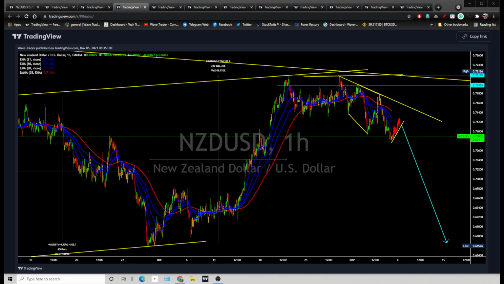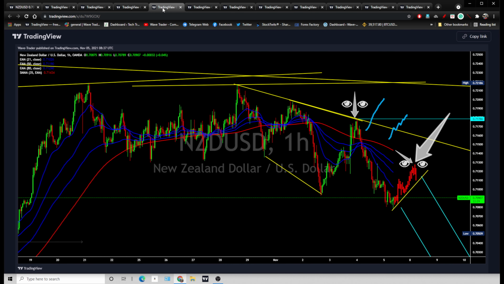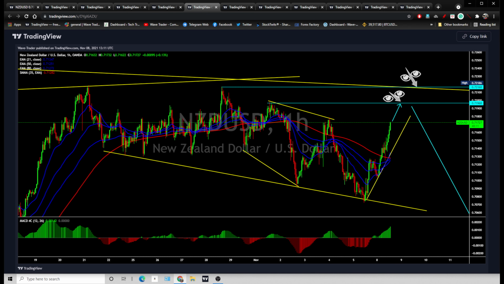Then after having that breakout, we were expecting a deeper pullback, a correction to appear, and price to give us a deeper pullback or test that previous top for more downside. Then we got that pullback, and the pullback was pretty sharp.